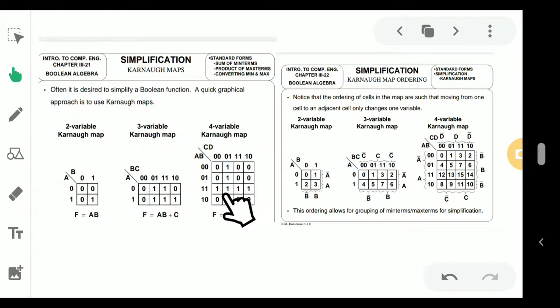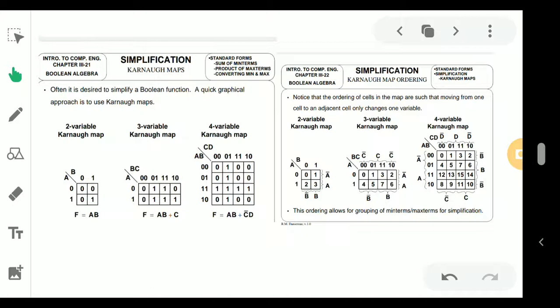Okay, so three variables, four variables, Karnaugh maps are there. Now let me talk about how to do it and why it is two variables.